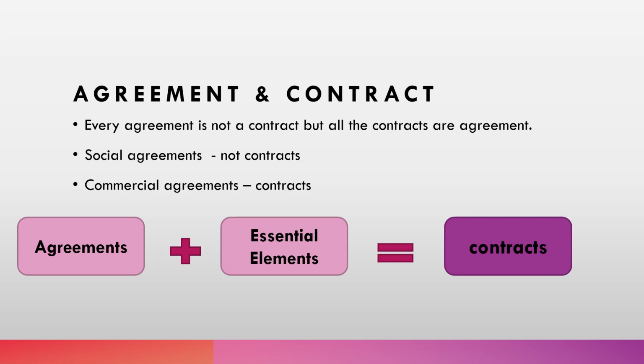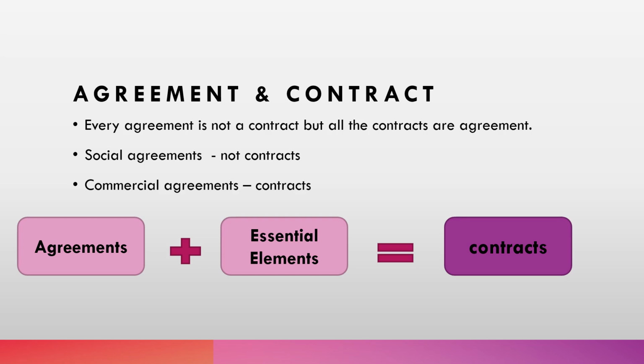For example, we go to theaters, we book a ticket and we watch the movie, and in return they show a movie for which we have paid, right? So this is also an agreement where both parties have that mutual understanding. There are no such explanation words or statements in this agreement. It is mutual understanding.